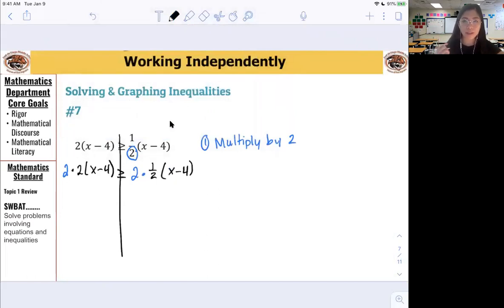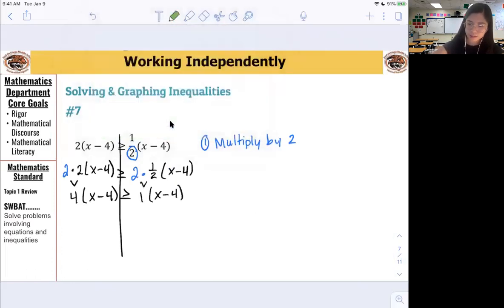So when I multiply by 2, I'm not multiplying the stuff inside of the parentheses by 2, just the numbers on the outside. So I'm just doing 2 times 2. That's 4. See, I didn't touch my parentheses at all. Same thing on the right. I'm not touching the parentheses. I'm just doing 2 times 1/2. 2 times 1/2 is 1. I got rid of my fractions.